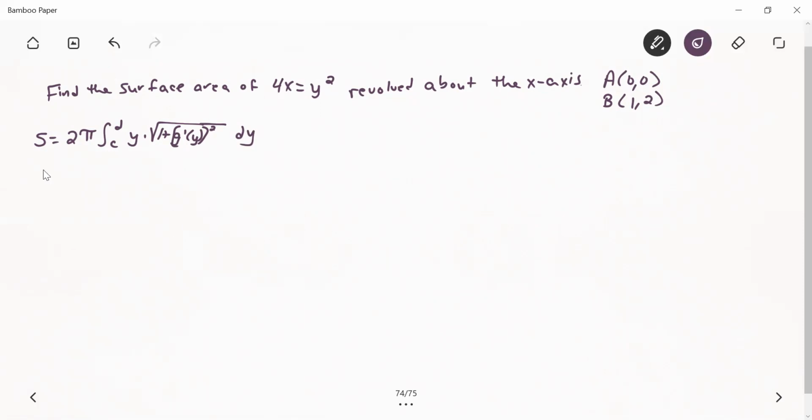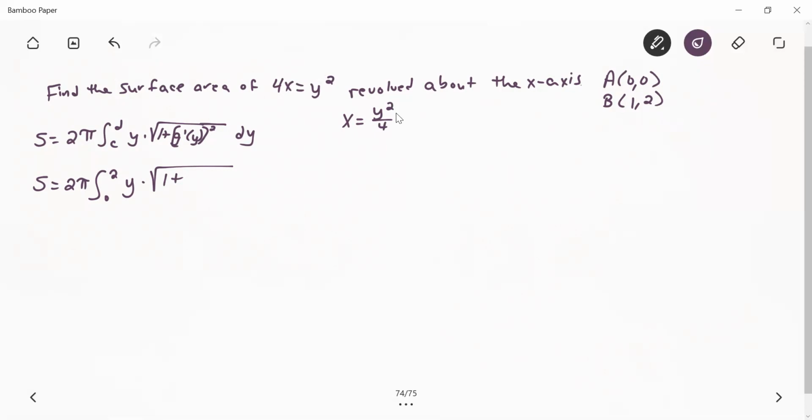So let's go ahead and do that. S is equal to 2 pi from our y coordinates, 0 up to 2, of y times the square root of 1 plus g prime of y. Well, let's go ahead and isolate this. So x is equal to y squared over 4.